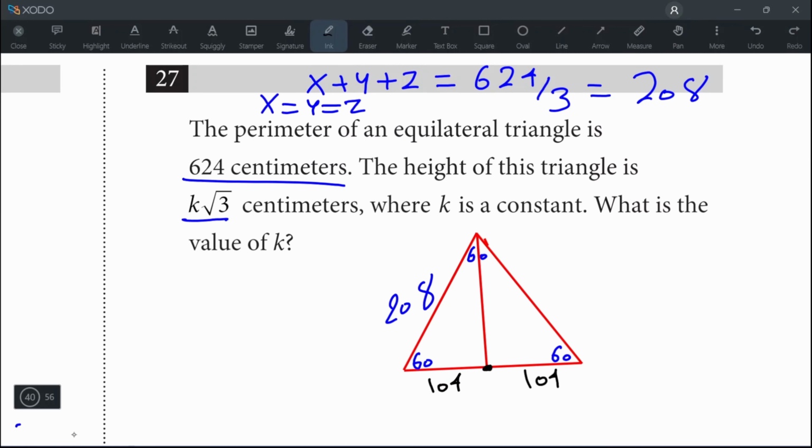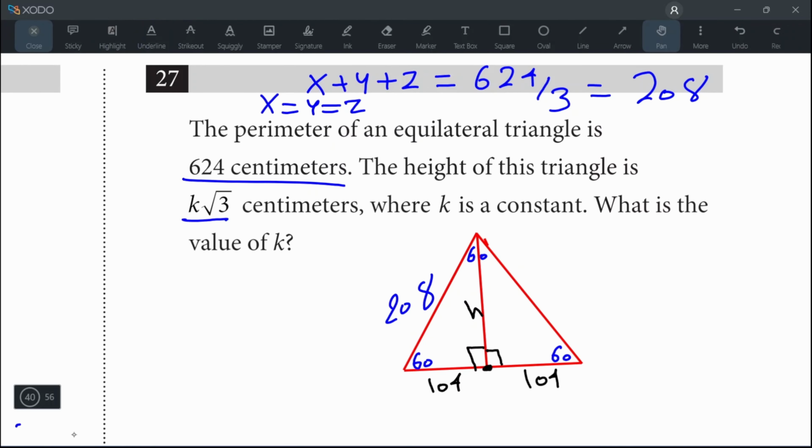And this line is a perpendicular bisector. So this is equal to a right angle, 90 degrees, and this one as well is a 90 degree angle. So this line I just drew is equal to the height. Now you should notice that we have constructed a right triangle inside our equilateral triangle. Two right triangles actually. That's the first one and that's the second one.